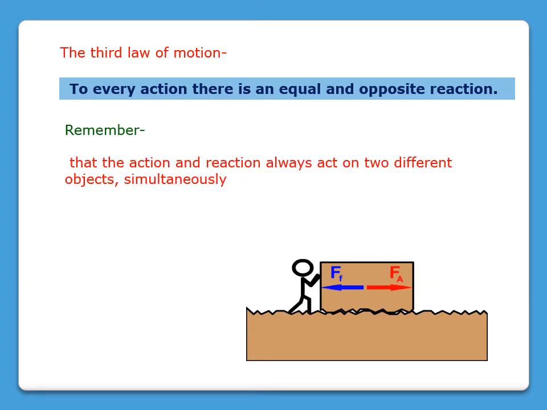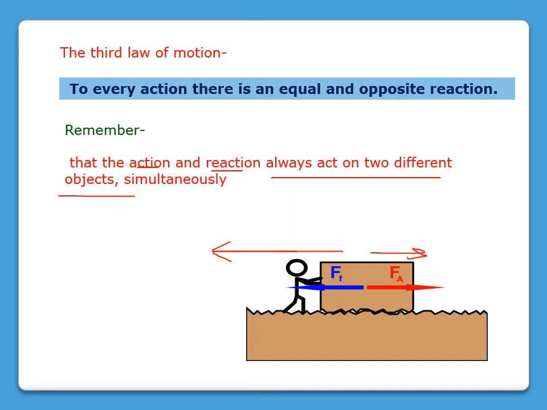Remember one thing, when you are talking about action and reaction, they always act on two different objects simultaneously. Here in the picture, if this is action, then this one is reaction, and they are acting on different objects.